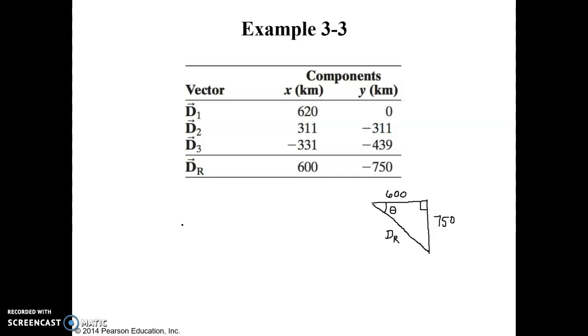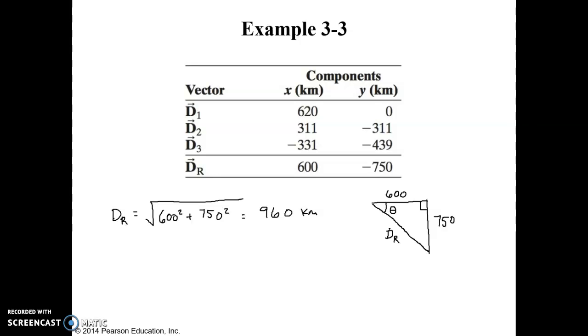We can use the Pythagorean theorem to find the magnitude of the resultant. dr is going to equal the square root of the other two sides squared. So the square root of 600 squared plus 750 squared, and that equals 960 kilometers.